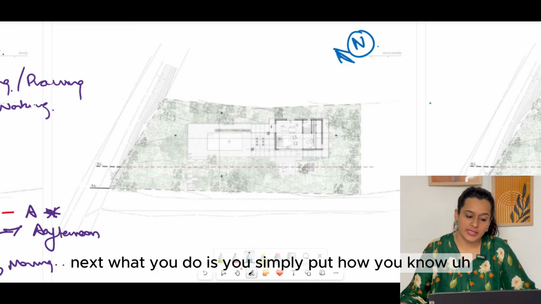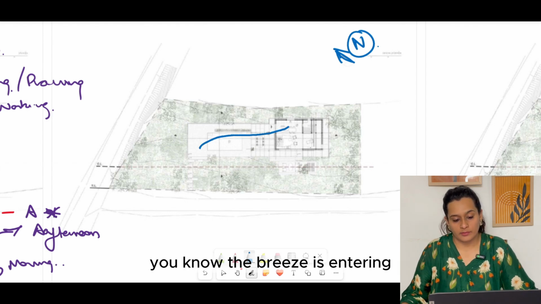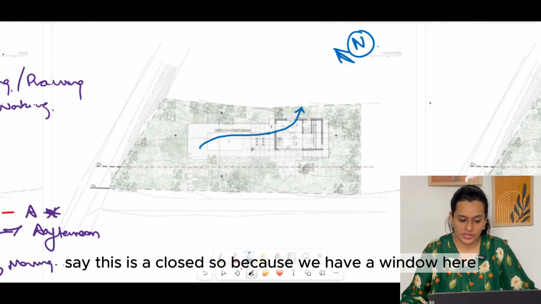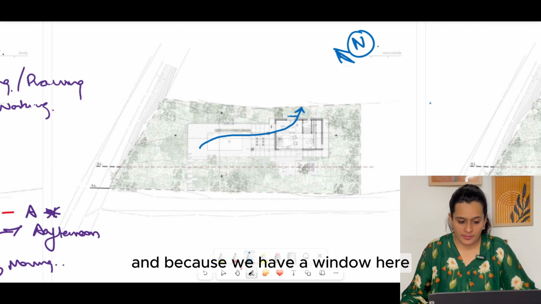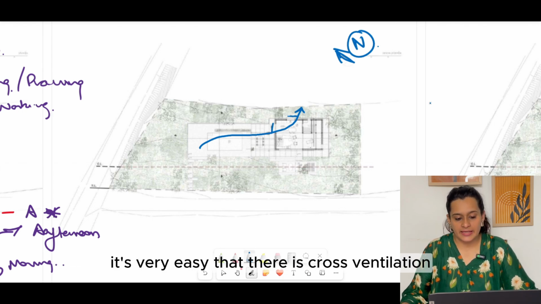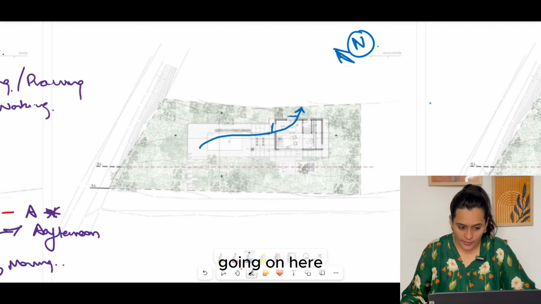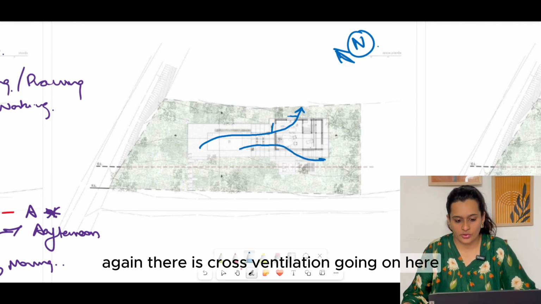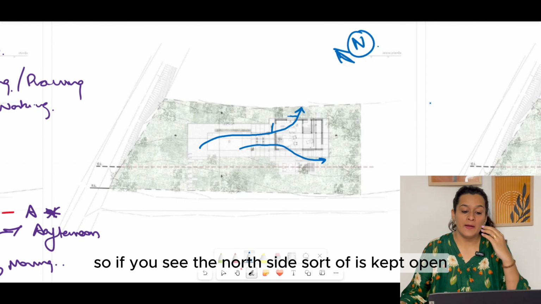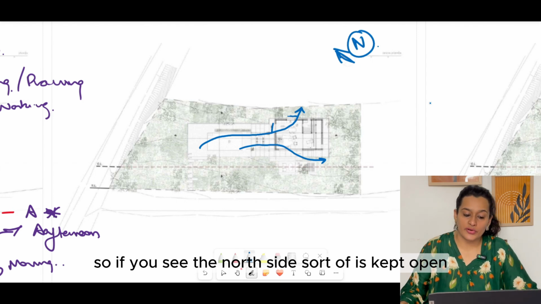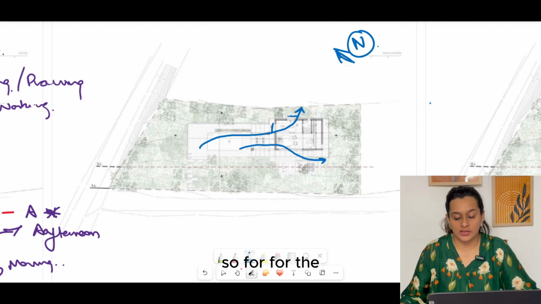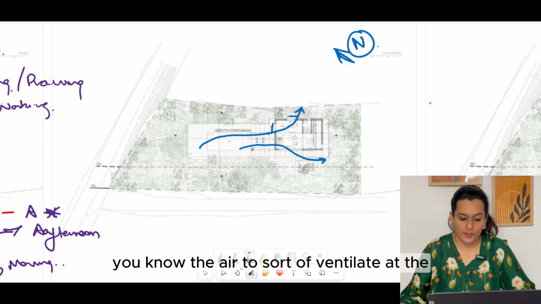Next, what you do is you simply put how the breeze is entering. Say this is closed, so because we have a window here and because we have a window here, it's very easy that there is cross ventilation going on here. Again, there is cross ventilation going on here. So if you see, the north side is kept open, so for the air to ventilate.